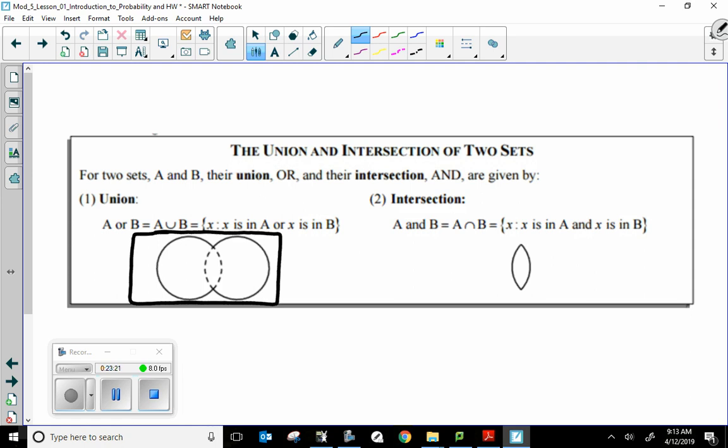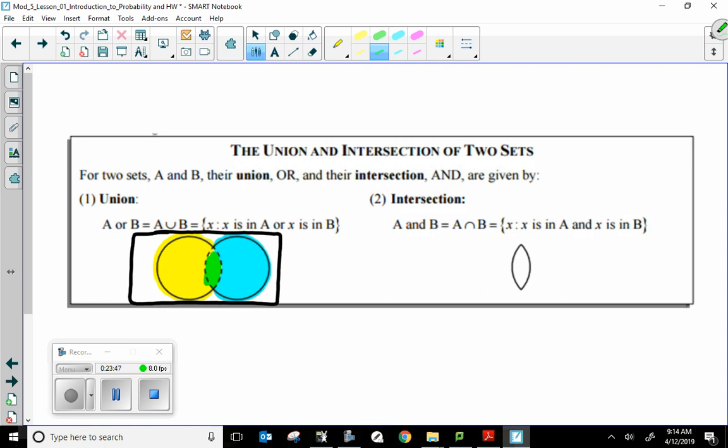I keep on referring to people in groups because that's pretty much what it is, or things or tests or whatever. But if I want A or B, I want all the people that are either right in here, or the people that are in here, but I don't want to count these people twice.